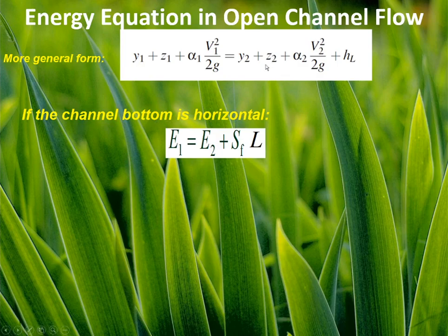Z1 will equal Z2 because the channel bottom can be taken as a datum. You can cancel out the Z terms from both sides. What will we have? From here we will have E1 and from here we will have E2. We already removed Z2, plus hL, and from the previous slide we know that hL equals Sf times L.